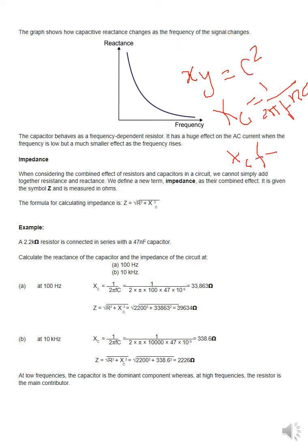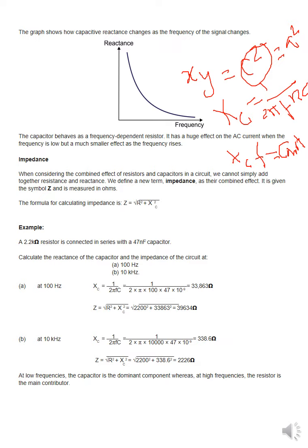So we can say XC into f equals a constant, or we can say that this constant is equal to a square. So your reactance into frequency is equal to a constant, and the graph is like a hyperbola. This is called a hyperbolic plot.